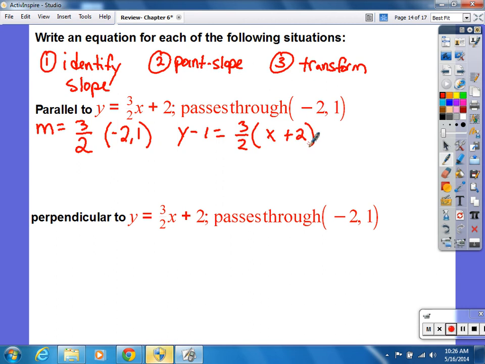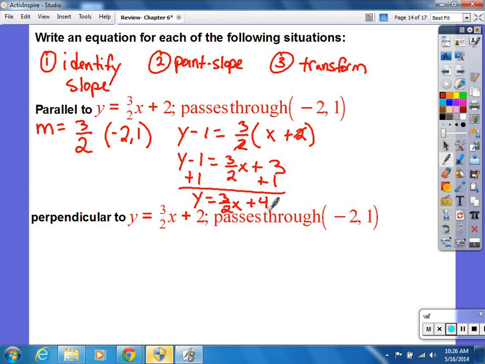Now all we need to do is transform it. From here, we would have y minus 1 is equal to 3 halves x plus, I know you love when that happens, plus 3. We're going to isolate that 1 and look at what we're left with. Y is equal to 3 halves x plus 4.